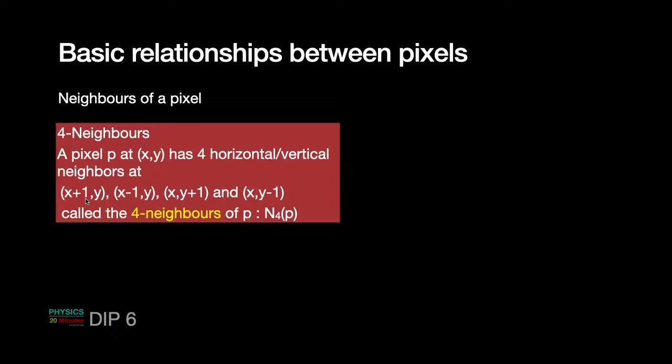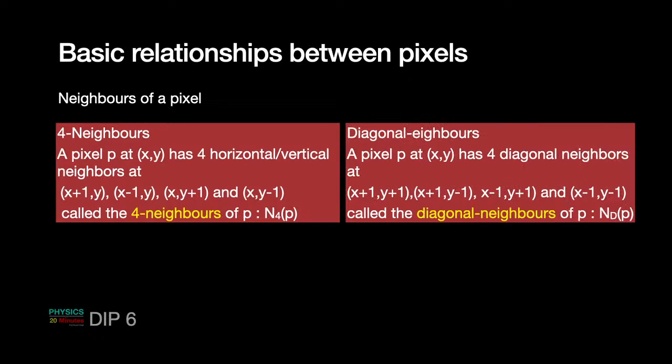If a particular pixel does not have this one as a neighbor, then it is the left boundary. If a particular pixel does not have this as a neighbor, then it is the upper boundary. What happens if it is in the corner? If it is in the top right corner, then it will not have the pixel above it, that is, the one with coordinate (x, y+1), and it will not have a pixel to the right of it, that is (x+1, y). So on and so forth. So these are the four neighbors.